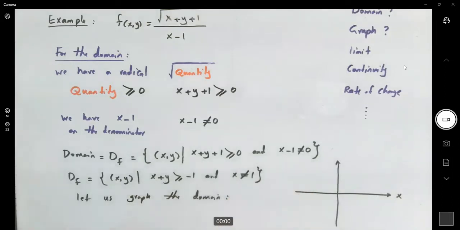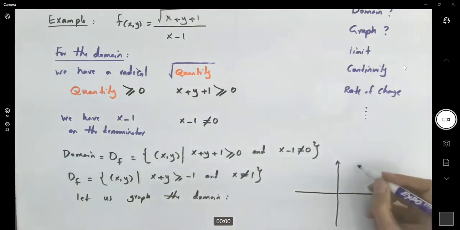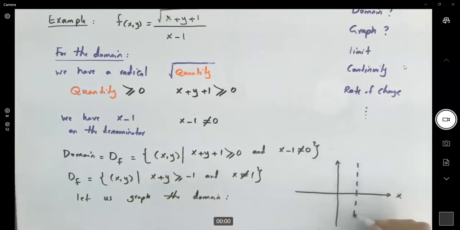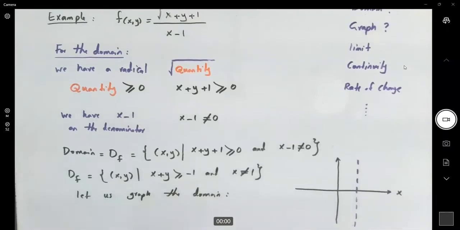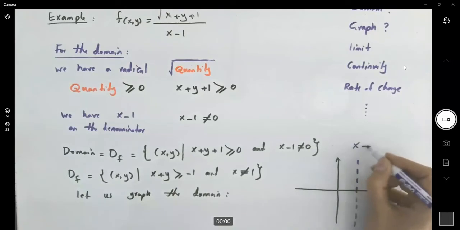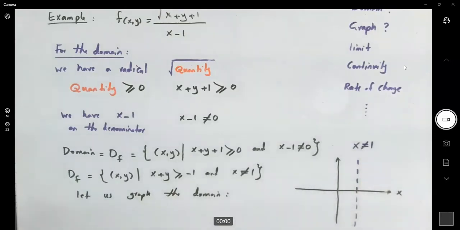So x equals 1 is going to be a vertical line, am I right? X equals 1 is a vertical line. X is not 1, it's just a dashed line. Okay, it means that we are excluding 1, and this is x not equal to 1. This is this guy here, the dashed vertical line.